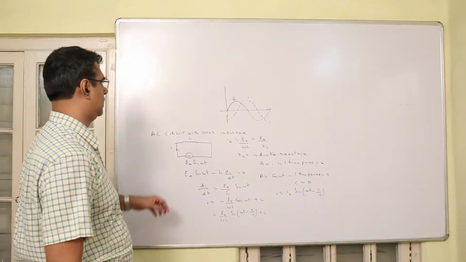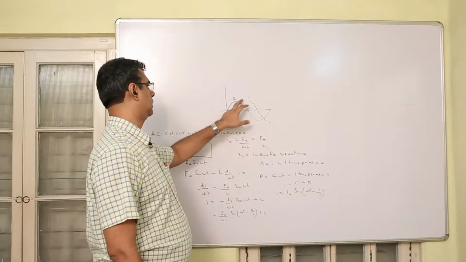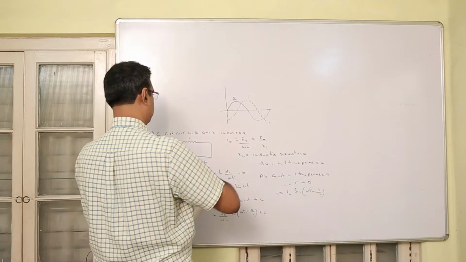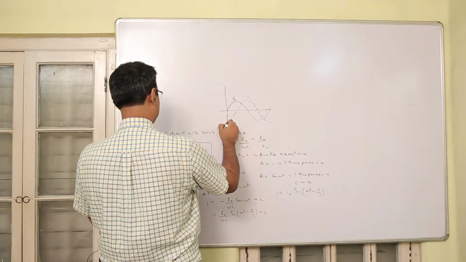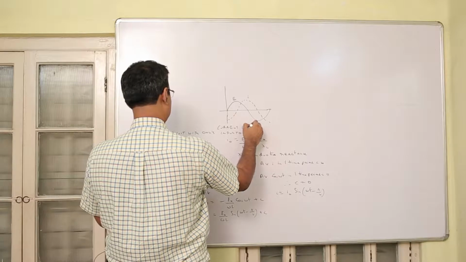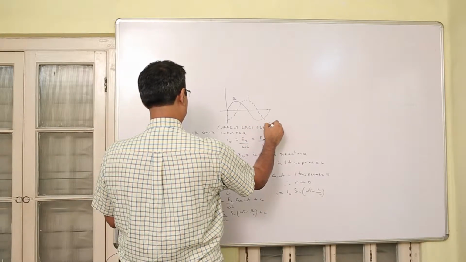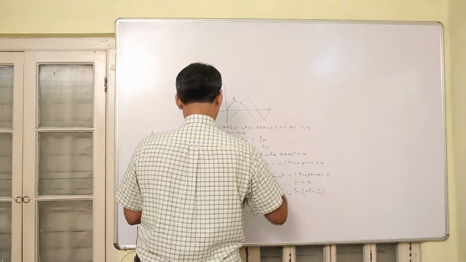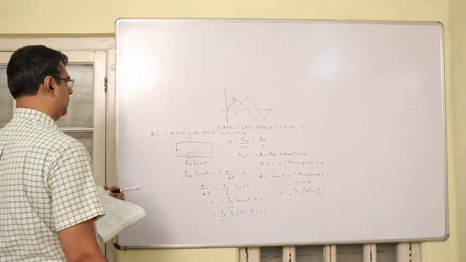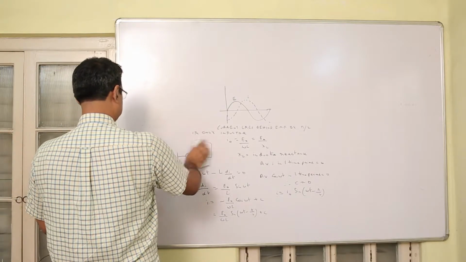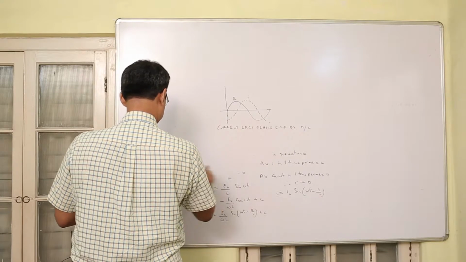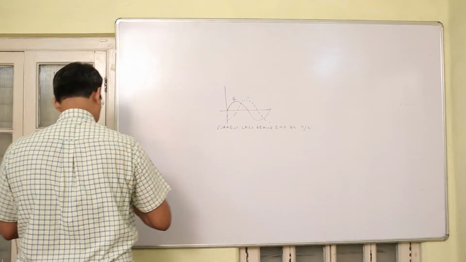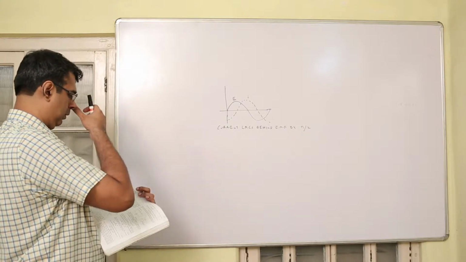This is the voltage graph and this dashed line is the current graph, and you can see that current lags behind EMF by pi by 2.